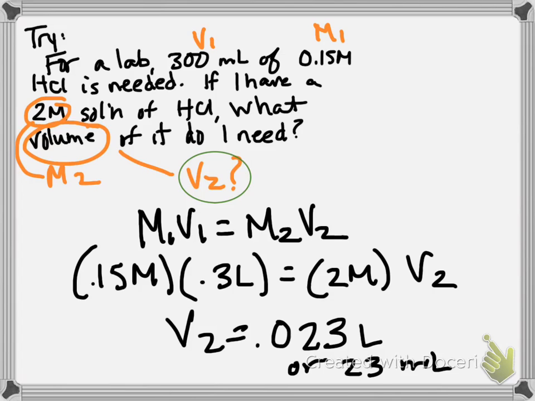So I just plug all of those things in and solve for a variable. Remember, I'm sure you guys were taught this at some point. If I did want to make that 300 milliliters into liters, I need to just move my decimal 3 places and make it 0.3 liters. So that's why I put 0.3 liters there.